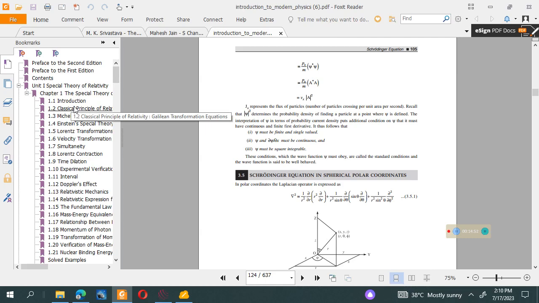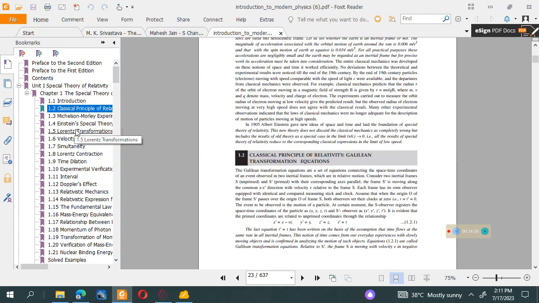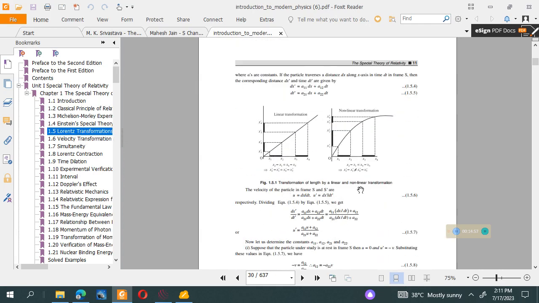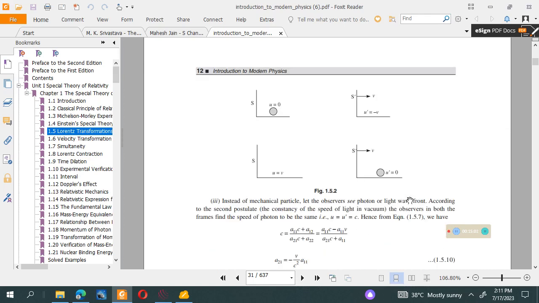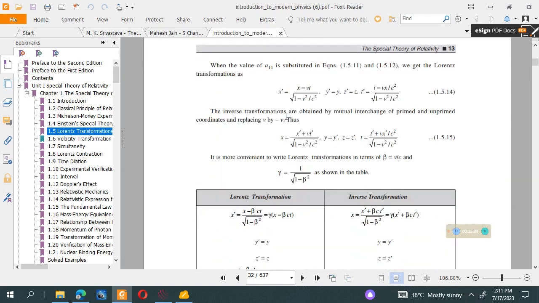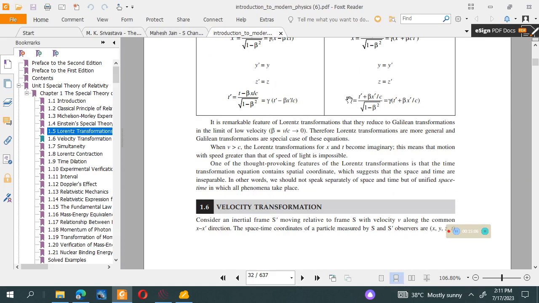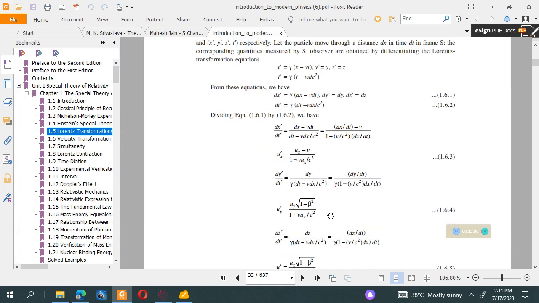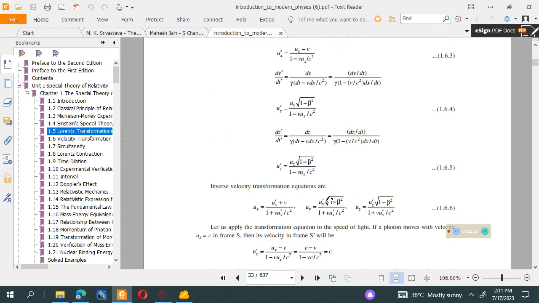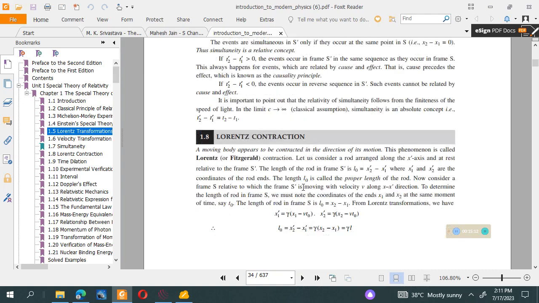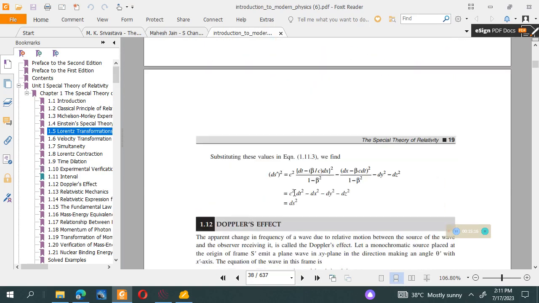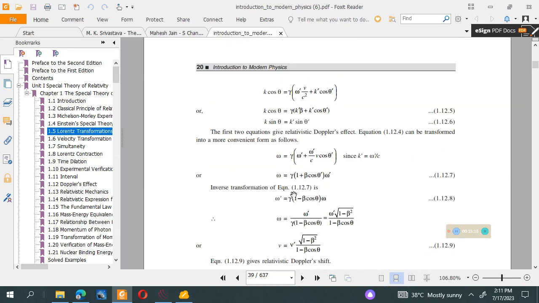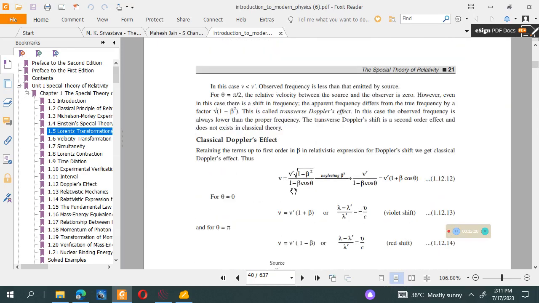Its first chapter is about the theory of relativity, classical mechanics, Lorentz transformation, and relevant problems. Various technical problems are solved in this. You can see the time dilation, its transformation formula, similarly velocity transformation, and some of the problems are given at the end of those topics. These are the Doppler effect in light, which is a very important one.